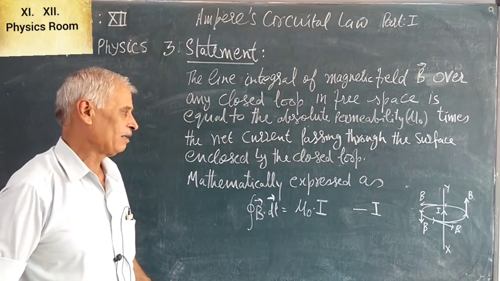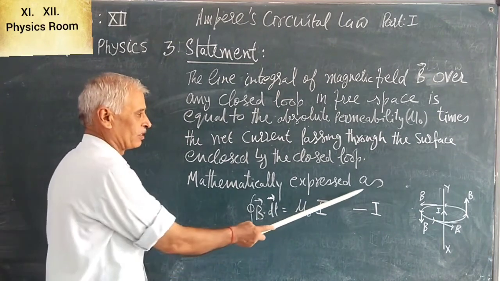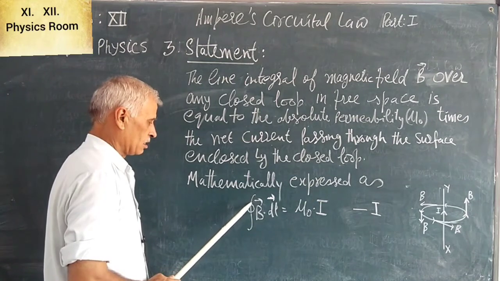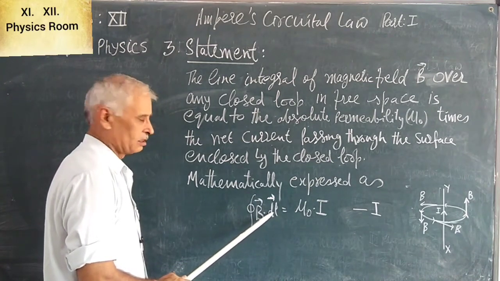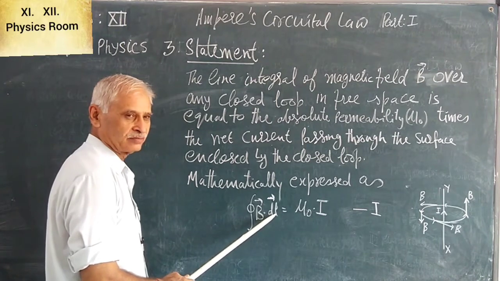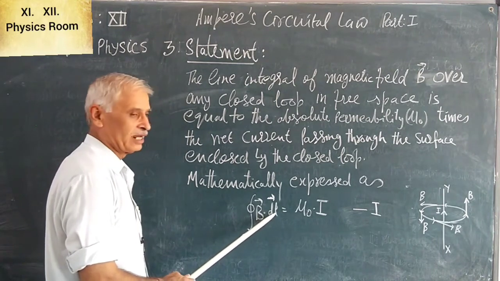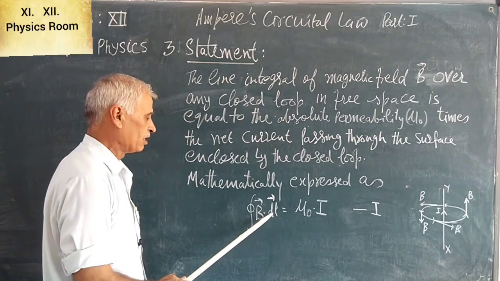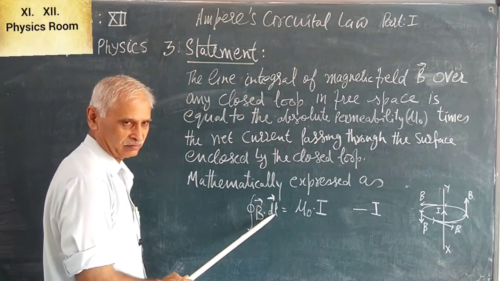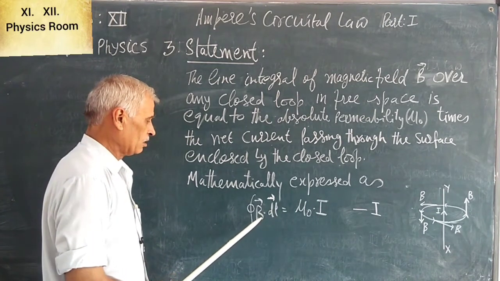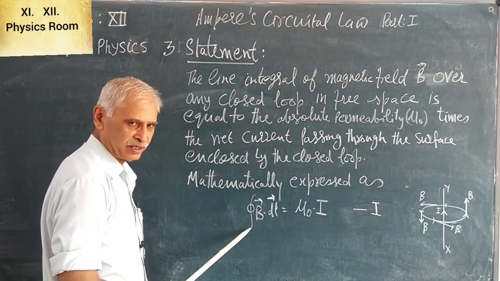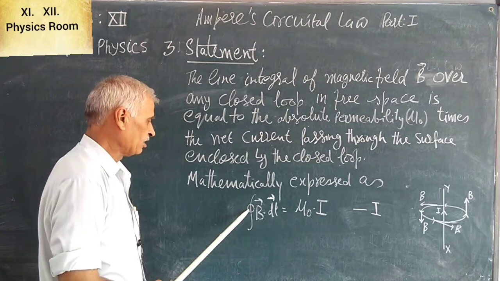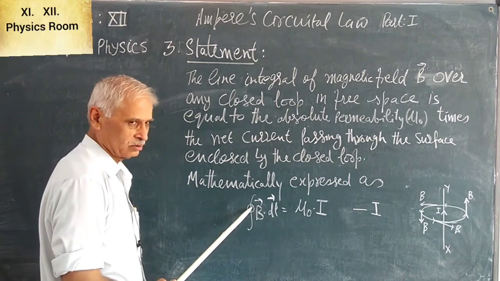So mathematically expressed as: this is a small magnetic element dl, not a current element, but a magnetic element. So magnetic field B, this is the sign of integration, and this is for a closed loop.